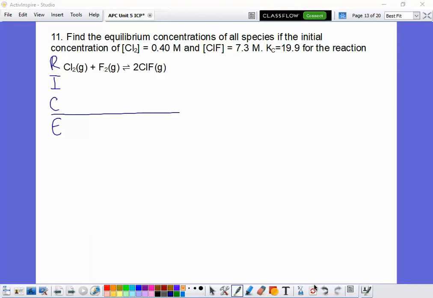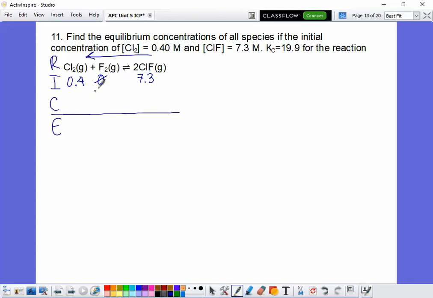All right. So it worked. What is my initial Cl2? 0.4. What about F2? And ClF? So as I said during the pause break, we have none of F2. That means the reaction is going to proceed to the left.